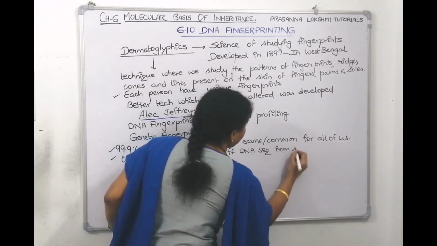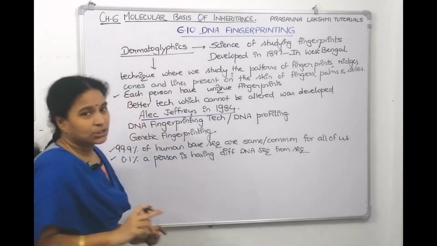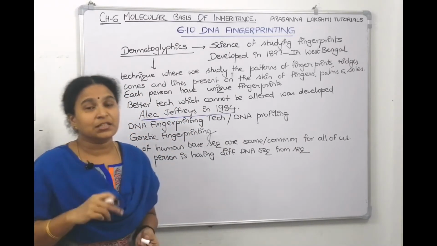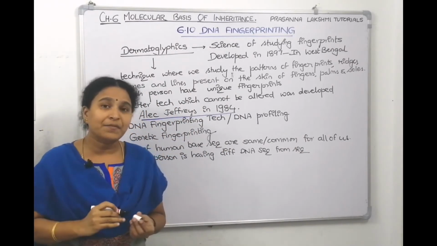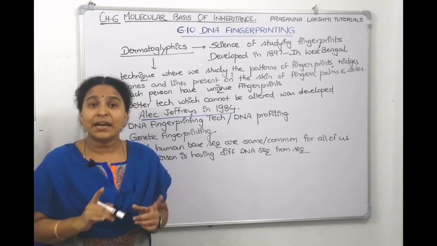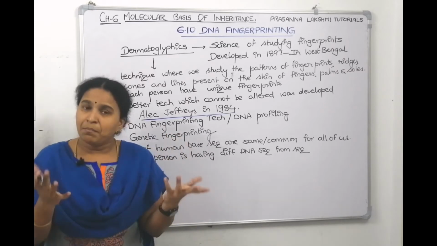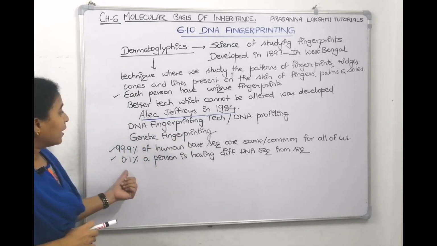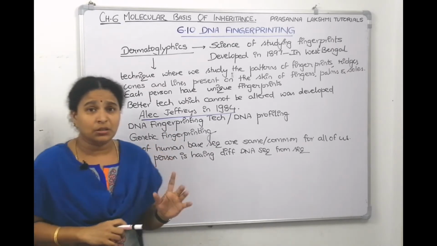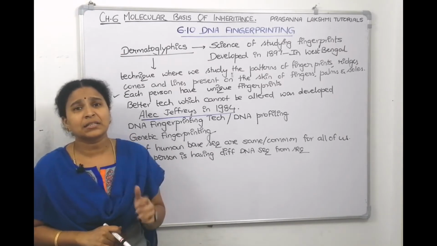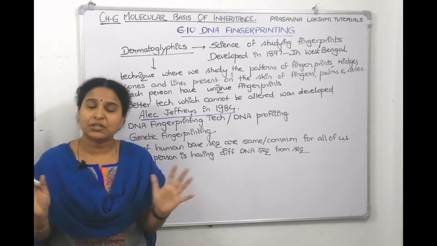Do you agree? So after completing the Human Genome Project, the scientists have proposed the salient features. From there, we came to know one point, that 99.9% of the DNA sequence among all of us is same. In other way, you can tell that 0.1% we are different from each other. That 0.1% makes me unique from the rest of you, right?